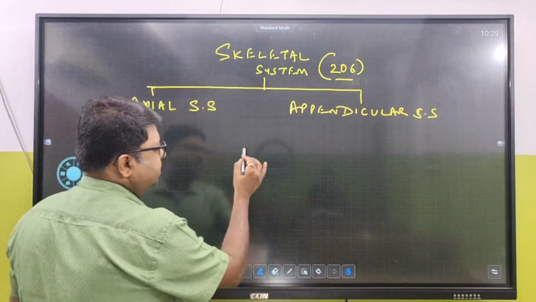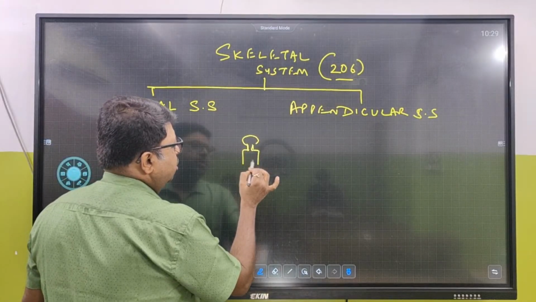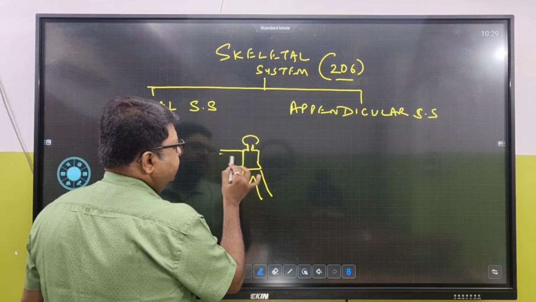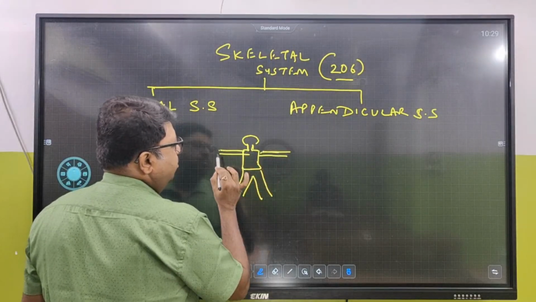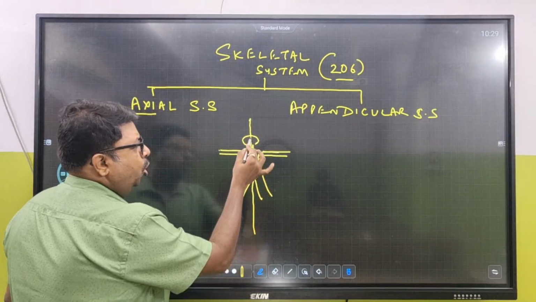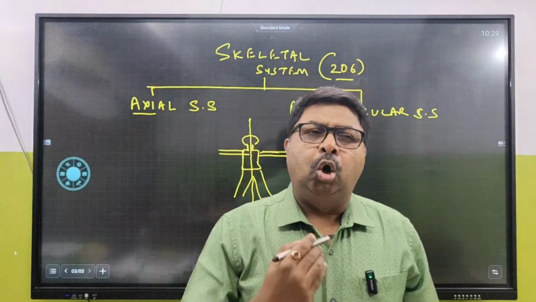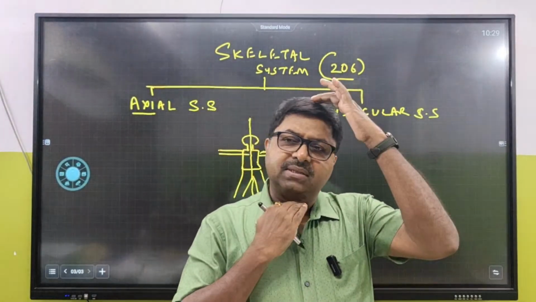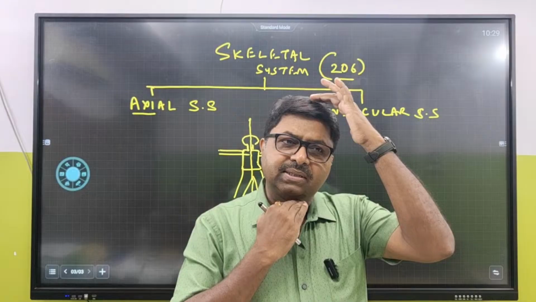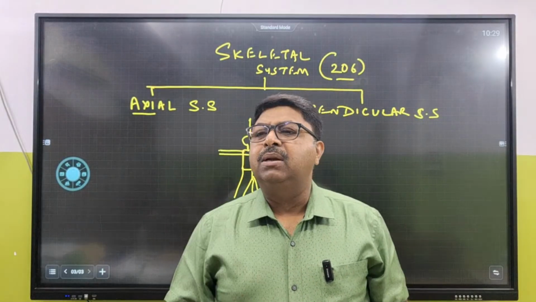Say for example, if this is the body of a human being, the main axis is this axis. This is the longitudinal axis. All the organs which are present on the main axis: what comes first is the head, then the thorax, and at the back there is a vertebral column.